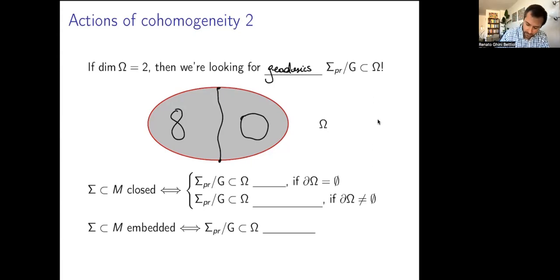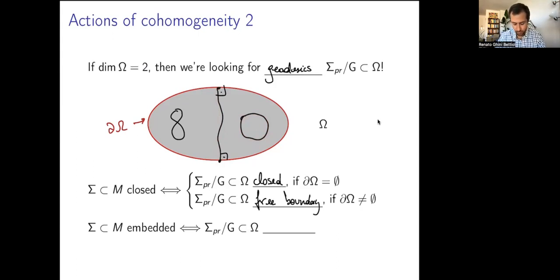Now, if there's no boundary, then in this picture, we can imagine maybe this red region here is the boundary. If there's no boundary, imagine that this is all identified to a point, say, then this is the same thing as asking for closed geodesics. But if there is boundary, then the geodesic could either be closed, and then the preimage is again a closed submanifold, or it could be free boundary. It could meet the boundary at an orthogonal angle, at a 90 degrees angle. And in that case, we also get a smooth closed submanifold upstairs.